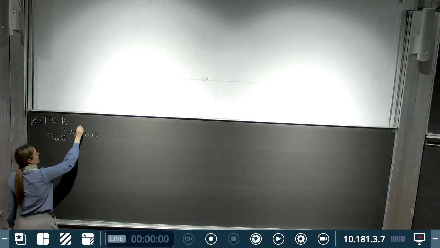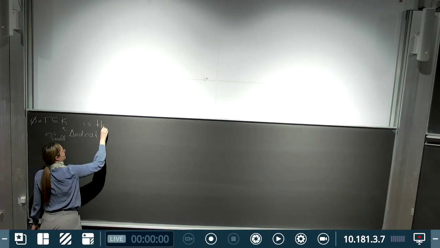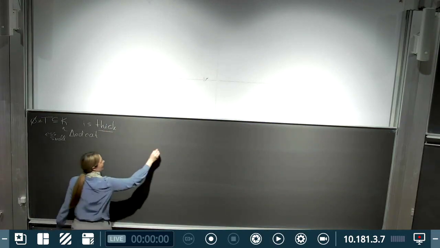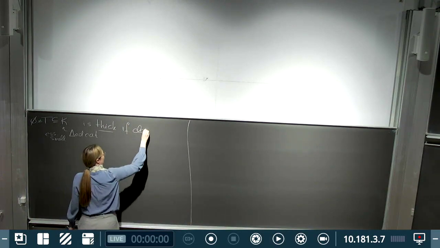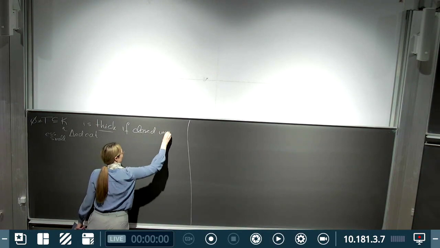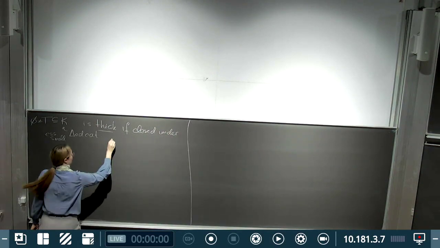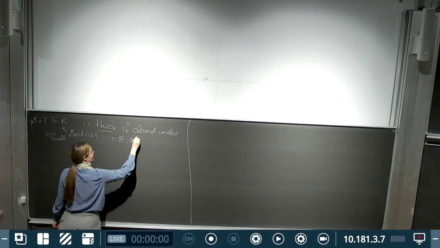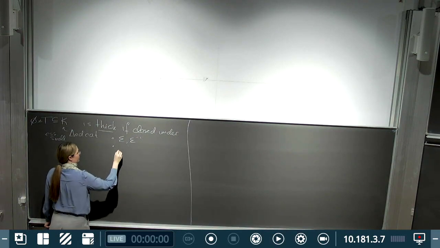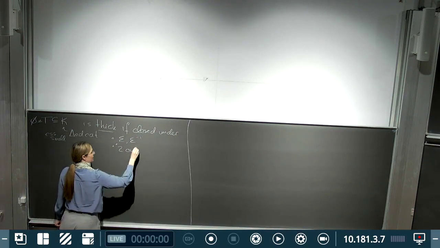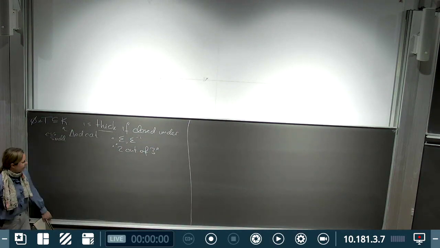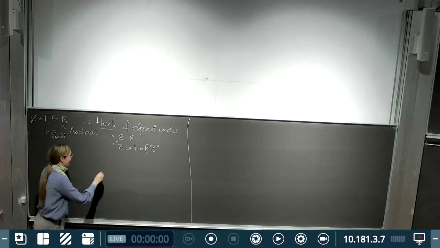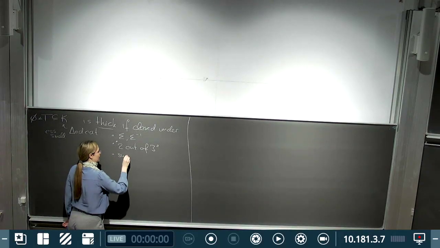And this thing is thick if it is closed under suspension and desuspension, 2 out of 3. If we have 2 guys in a triangle in there, the third is as well, and it's also closed under sums.